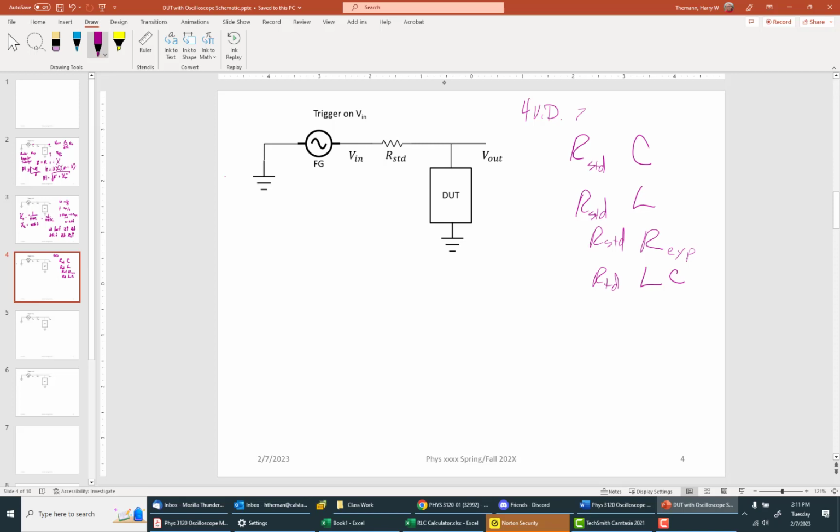So this is always going to be Z1, and this is Z2, AKA the device under test. Very typical circuit. You make a voltage divider with the resistor and the device under test.